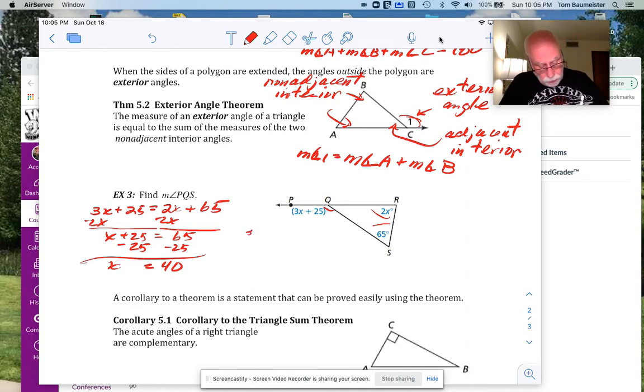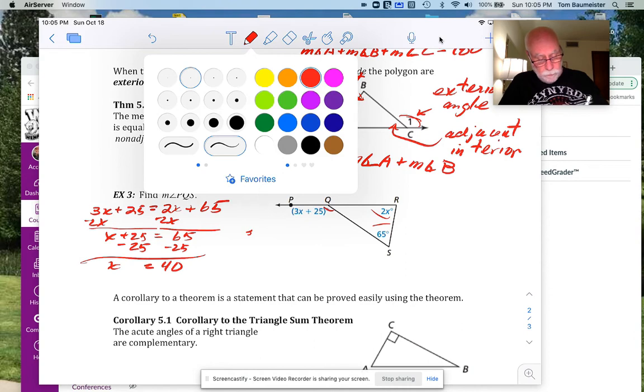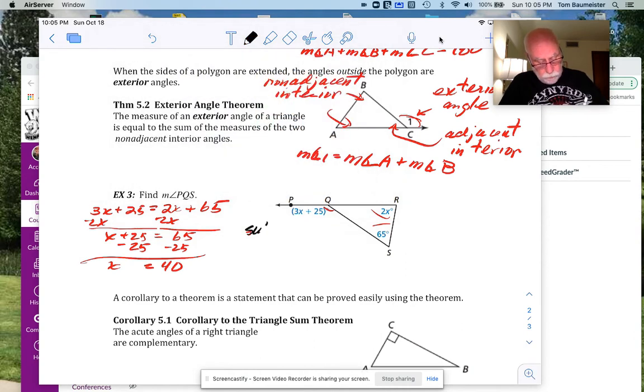So now we're going to substitute 40 for x in 3x plus 25 to find the measure of angle PQS.